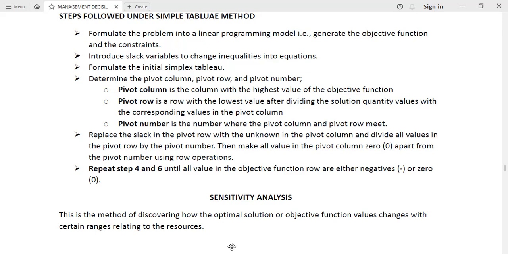But at the end of the day, we first get the pivot row figures, and we divide them by the pivot number.